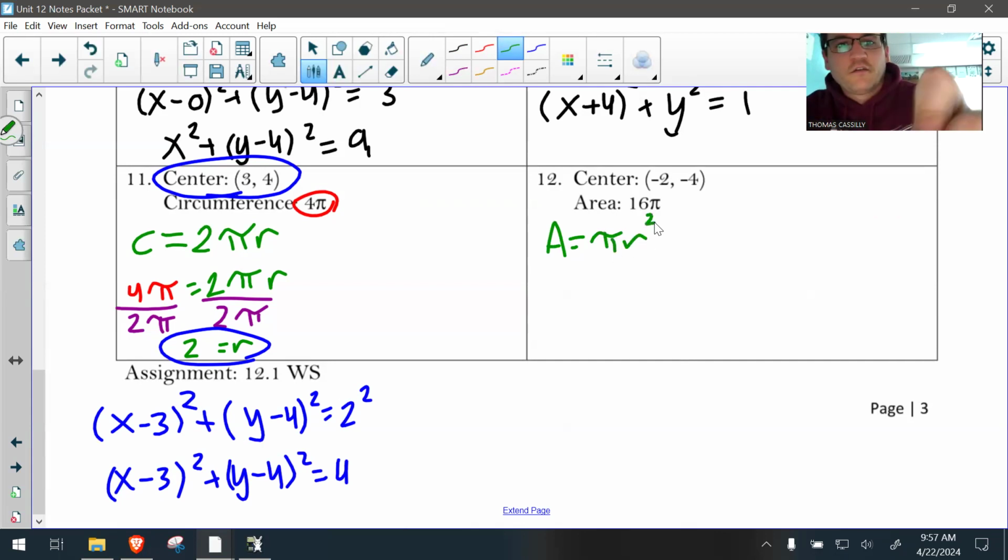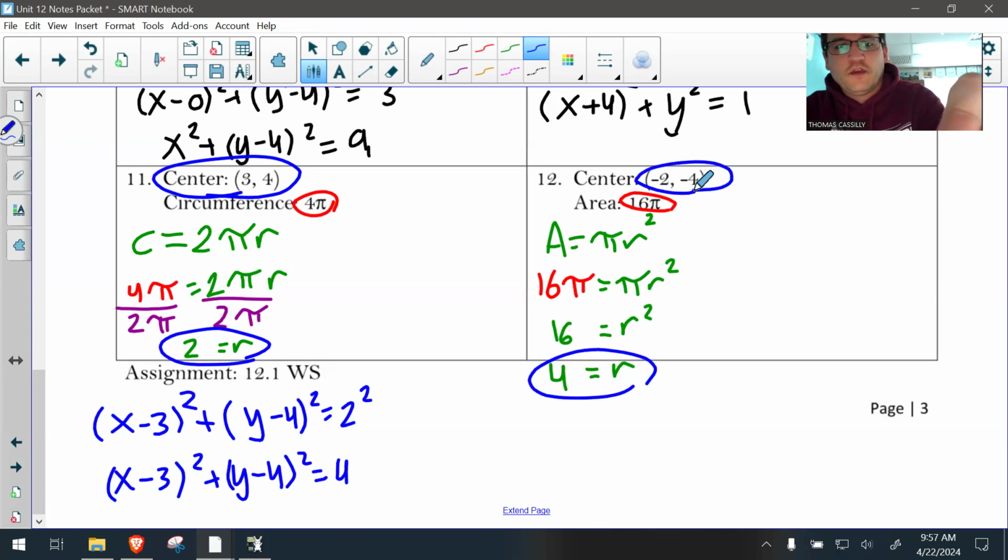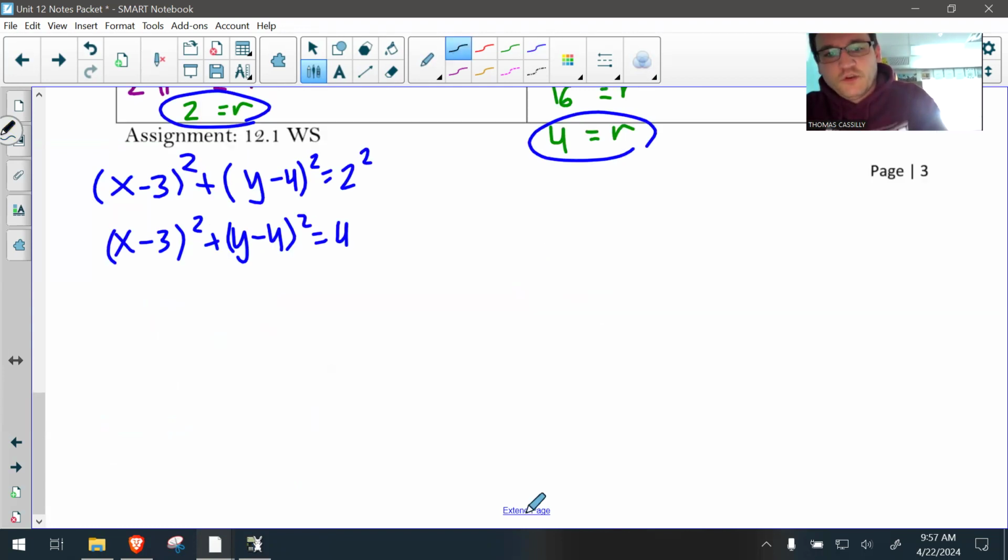And then the last one here, the area of a circle is equal to pi r squared. They're telling us the area is 16 pi. So we know 16 pi equals pi r squared. So divide away the pi. We have r squared equals 16. So your radius here is equal to 4. All right. So again, we have the center. We have our radius. Combine those two things. Let's see, I have 2 minutes before the bell.